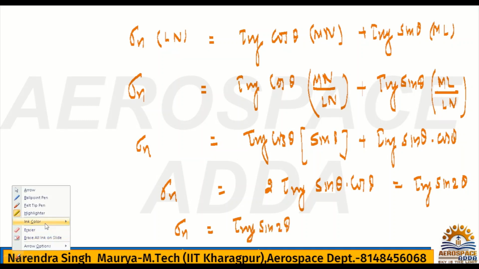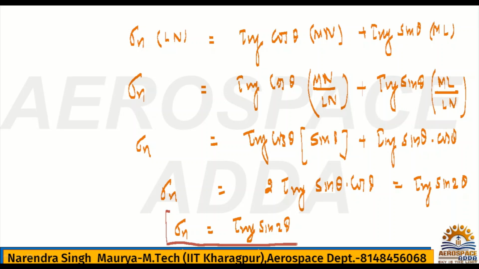This is the normal stress when only the shear stress acting on the shear plane is considered. We are not considering sigma x and sigma y. We have to calculate all together, but sigma x and sigma y you have already calculated separately, so we'll merge with that.